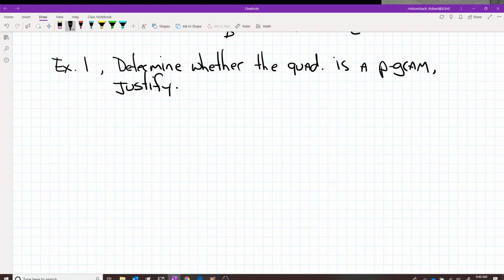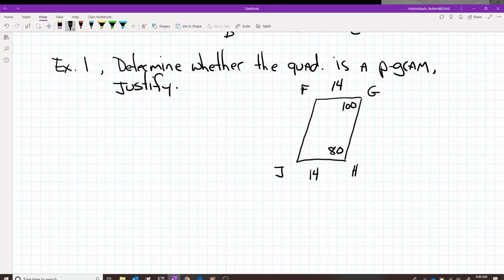So if you're given that shape there, FGHJ, F to G is 14, J to H is 14, angle G is 100, and angle H is 80.